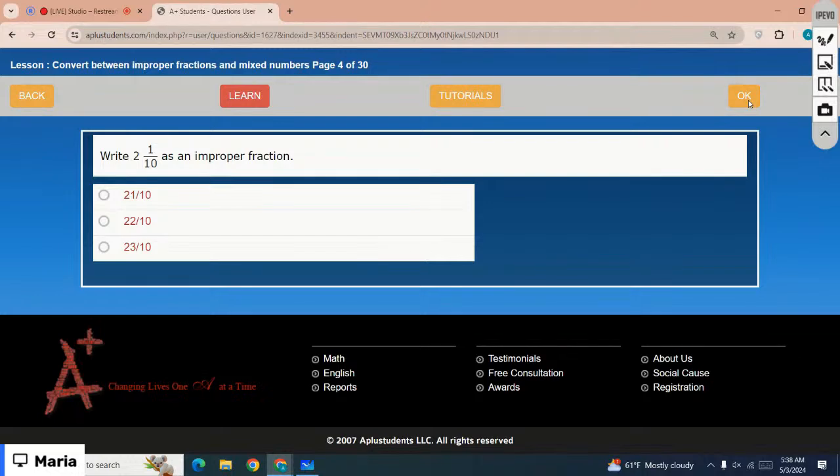Write 2 whole 1 over 10 as an improper fraction. Which is the correct option? The correct option is 21 over 10.